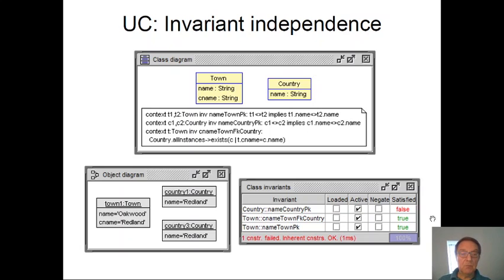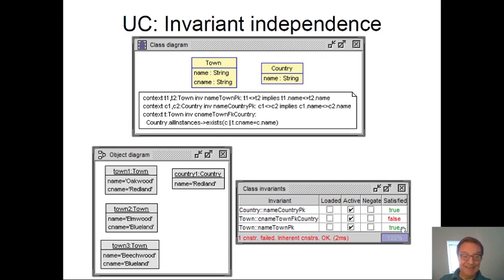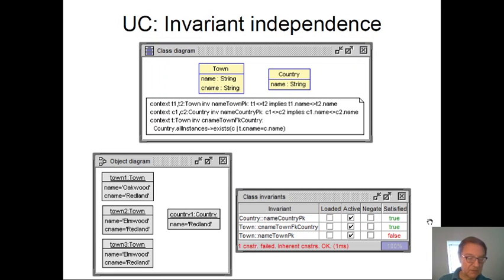In much the same way, you can negate the second constraint and you will obtain an object diagram, a database state, where only the second constraint is violated, and in much the same way, you can negate the third constraint and you will get a database state where only the third constraint is violated and the other two constraints are satisfied.